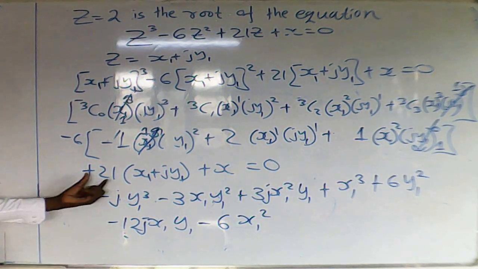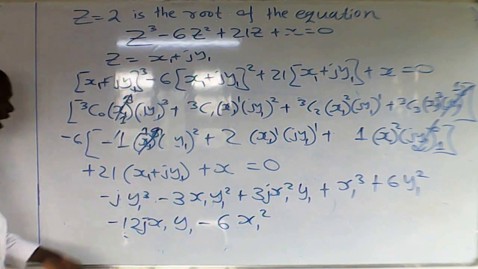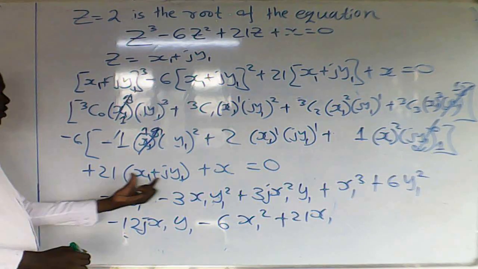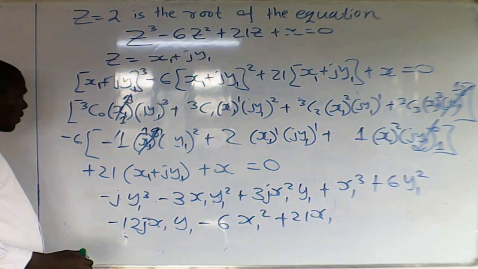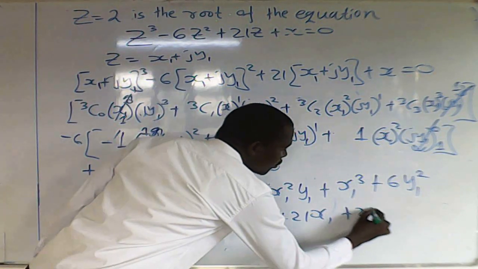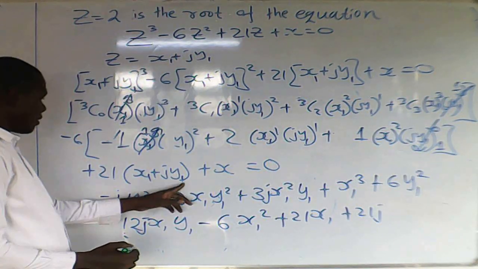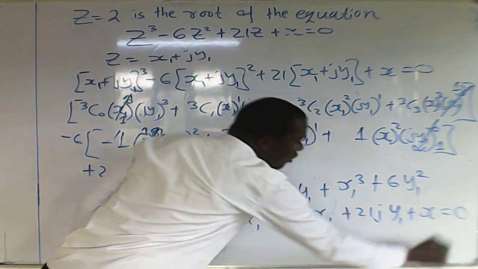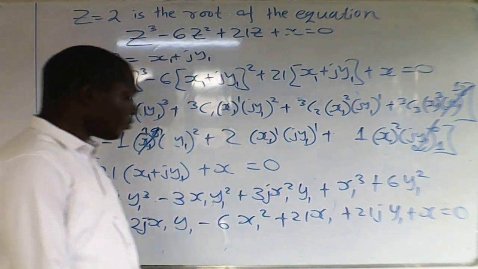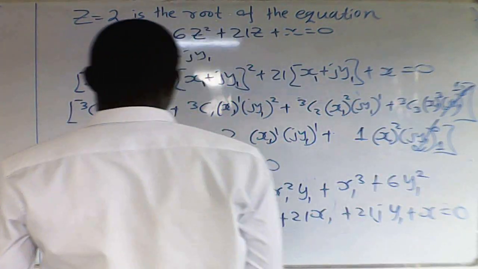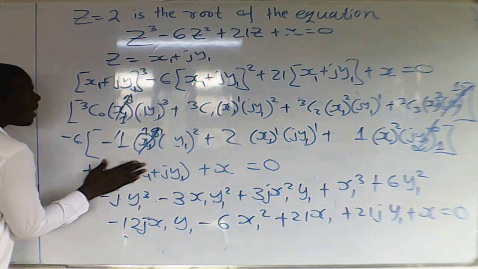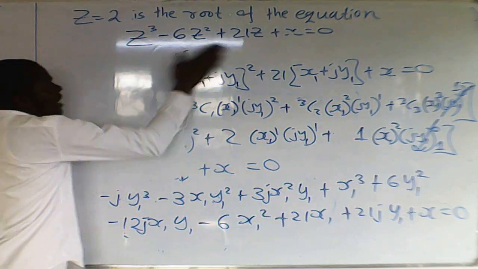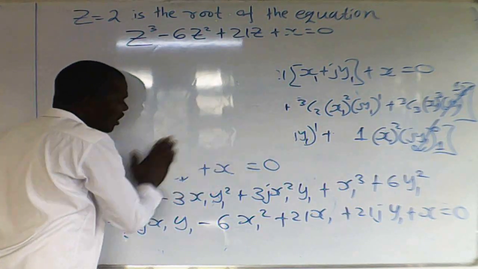Move to the next. Positive 21 times x1 is plus 21x1. Positive 21 times positive jy1, you get plus 21jy1, isn't it? Then plus our x will be equals to 0. Having found that, we now separate the real terms from the imaginary terms to form two simultaneous equations.